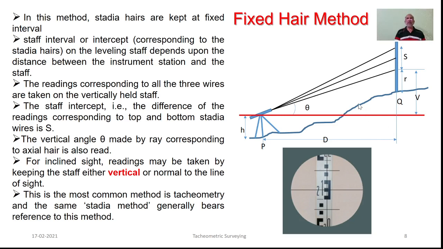But please keep in mind that mostly we'll be discussing the fixed hair method, and under this particular method the staff is kept in a vertical manner only, because this is the most common method, and usually whenever we say tacheometry we refer to this fixed stadia hair method only.